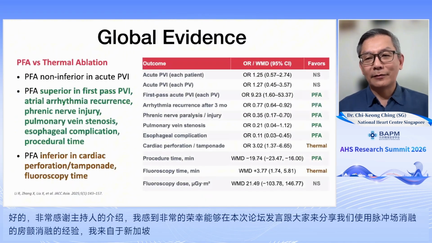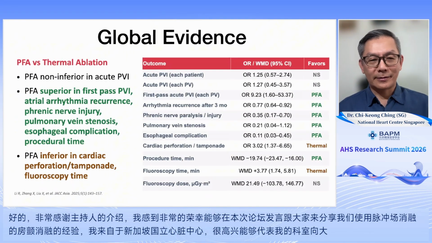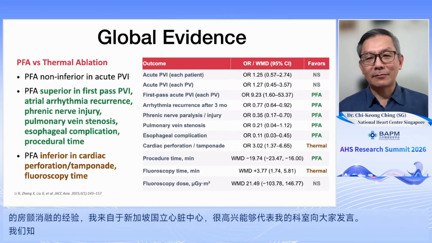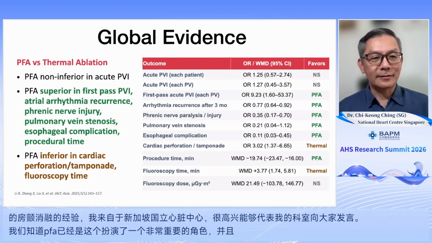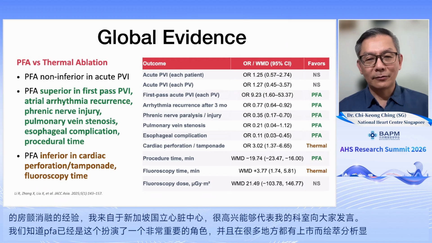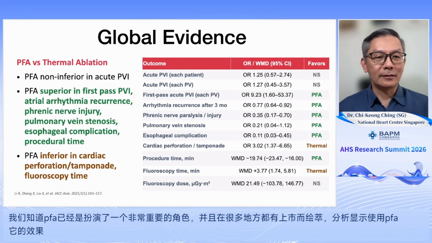This is the global evidence. We know that PFA, or pulsed field ablation, has taken the world by storm and has been utilized in many geographies. Meta-analysis suggests that PFA is non-inferior to thermal sources like cryoablation or radiofrequency in achieving acute PVI.